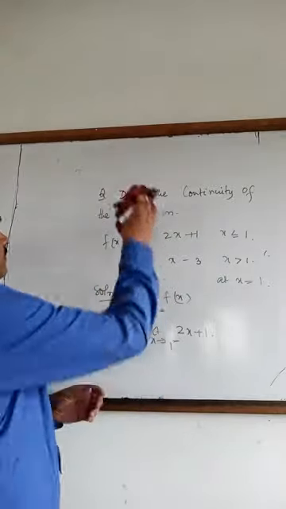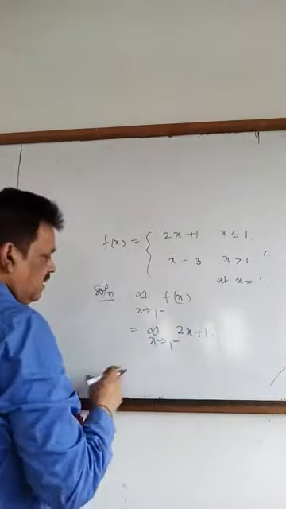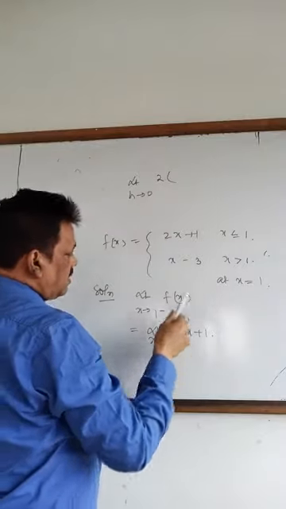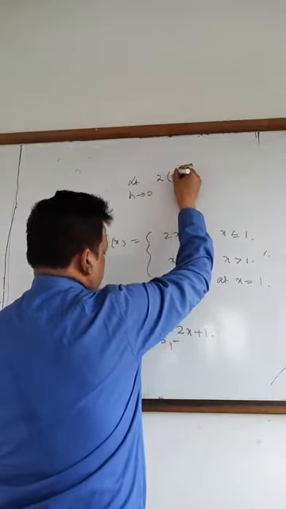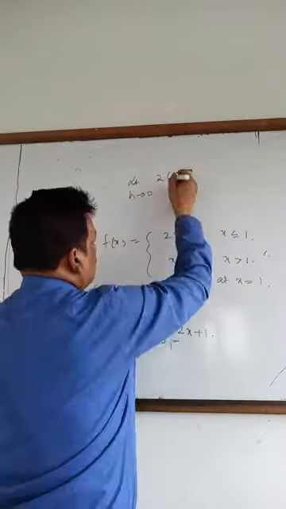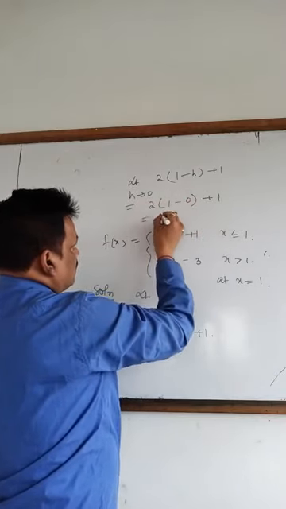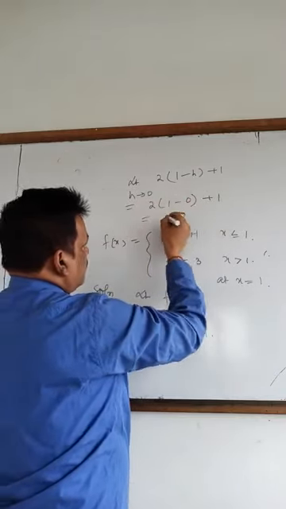Already I have told you. Left hand limit means limit h tends to 0 of 2 into (1 minus h) plus 1. Now you put h is 0: 2 into (1 minus 0) plus 1, that is 2 plus 1, that is 3.